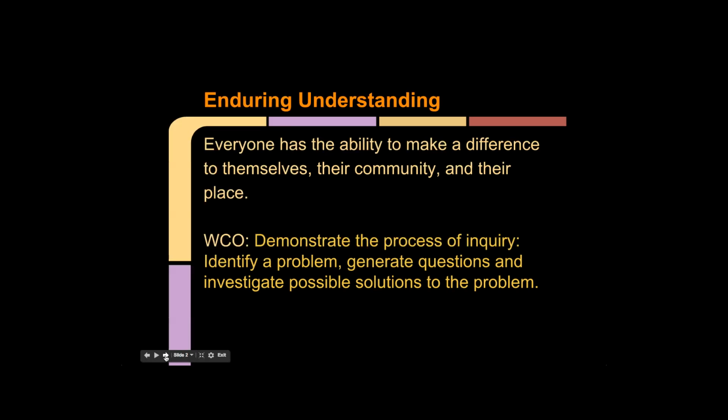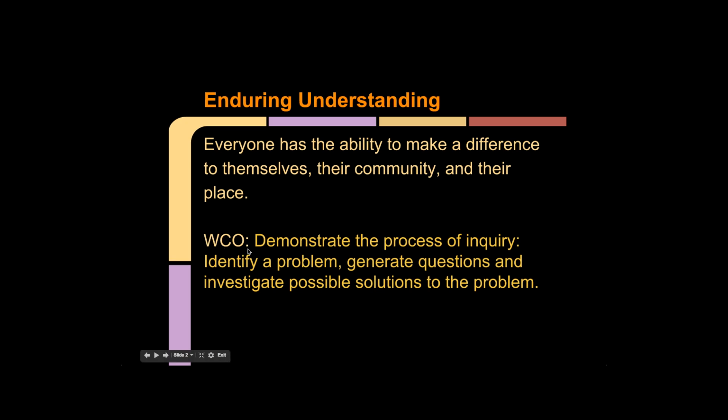All right, so we just need to remember the purpose behind the whole thing that we're doing. And that purpose is everyone has the ability to make a difference to themselves, their community, and their place. So we are going to demonstrate the process of inquiry. That just means asking questions. Okay, what does WCO stand for?